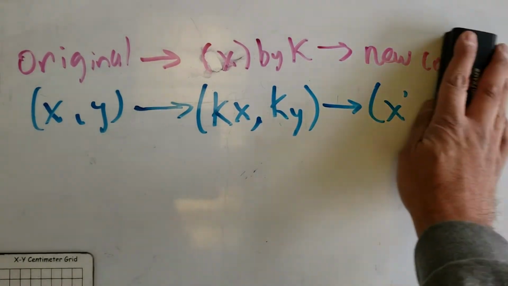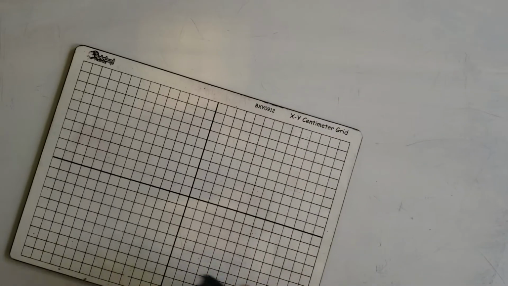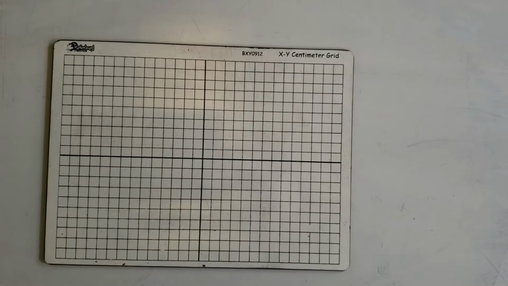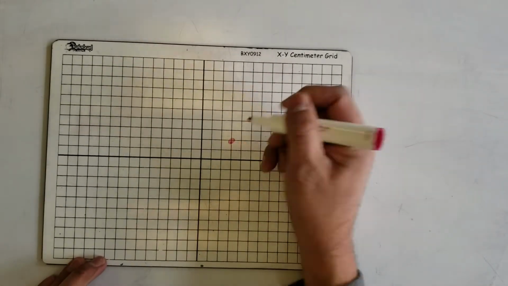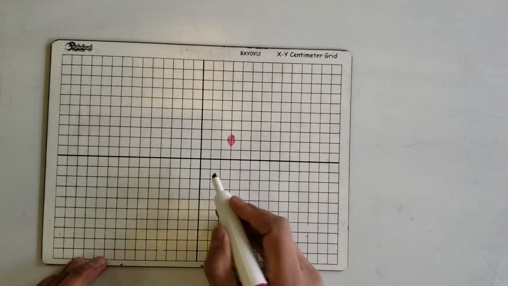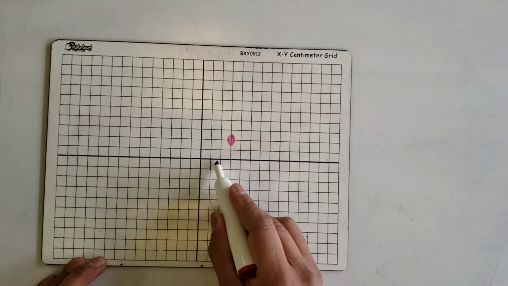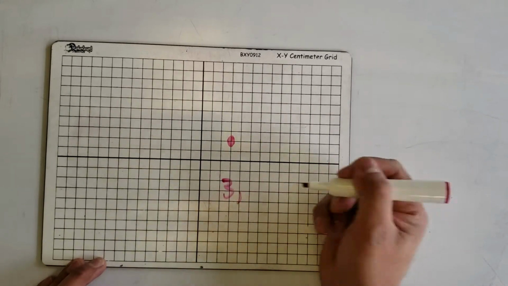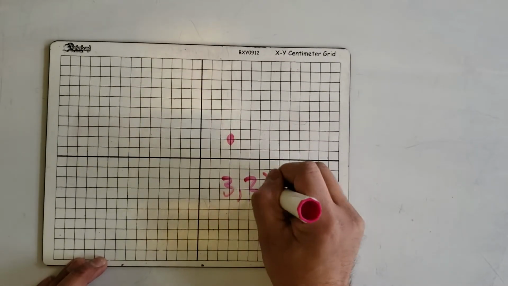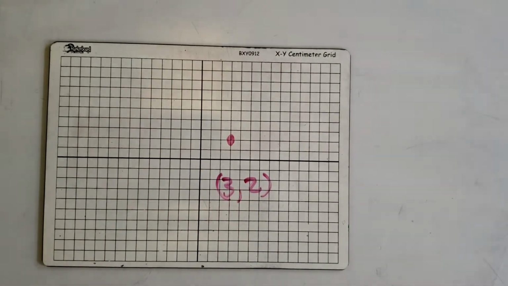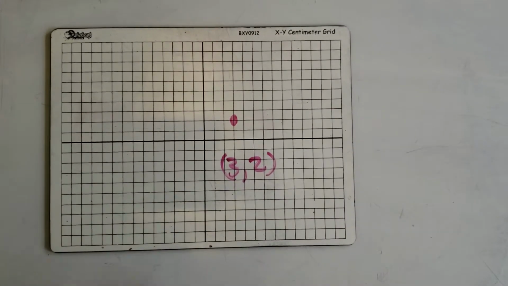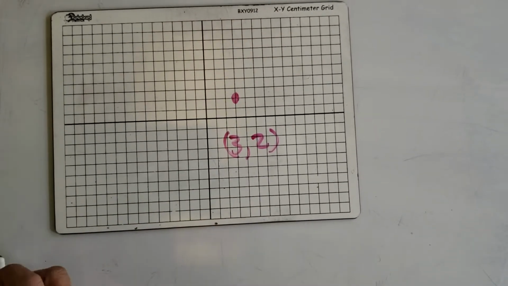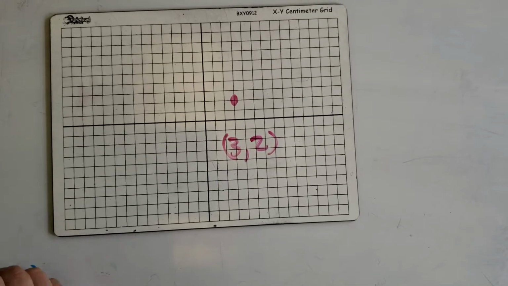Okay? So let's do one. So here's the board. So let's say I have a coordinate right there. That coordinate right there is 3 and up 2. So that's our original coordinate. Write it down like this, 3, 2.